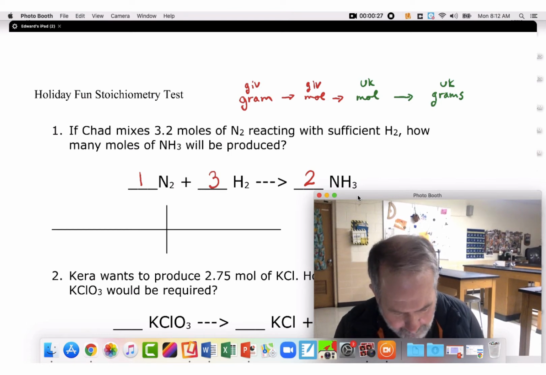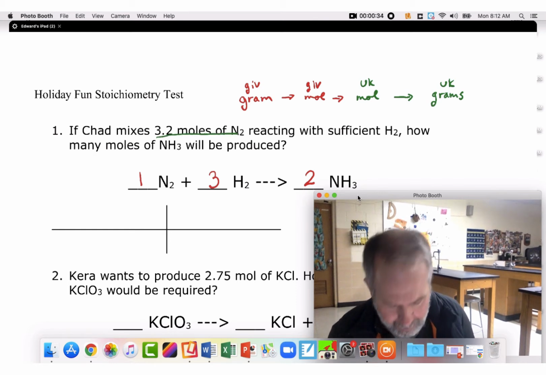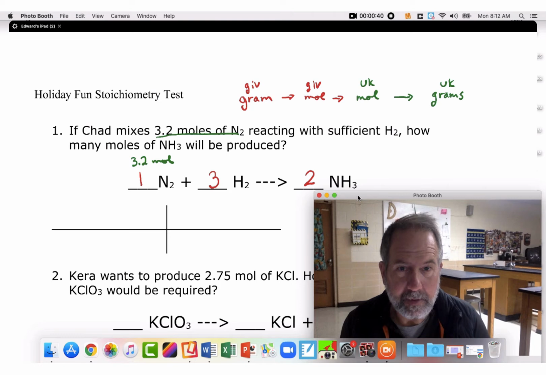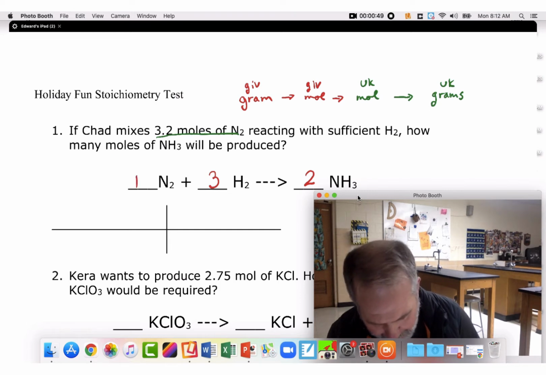So let's see what we have here. I'm going to do this in green. We have 3.2 moles of nitrogen. Now, that's not grams, right? Oh, I did it in the wrong color. 3.2 moles of nitrogen.